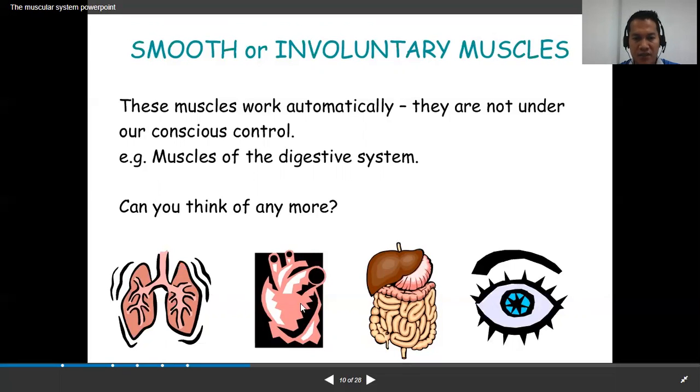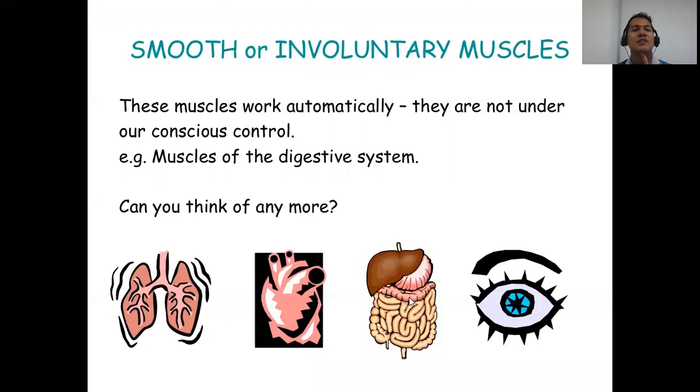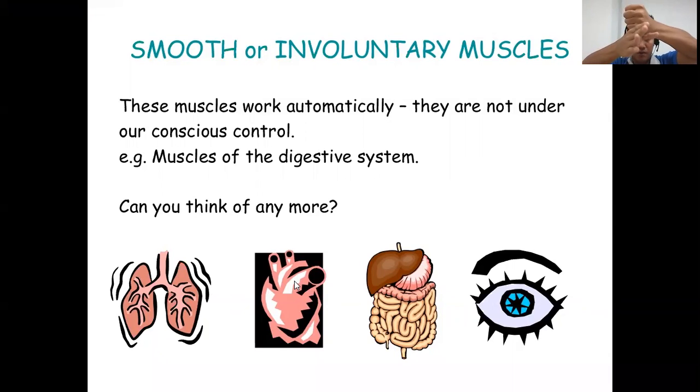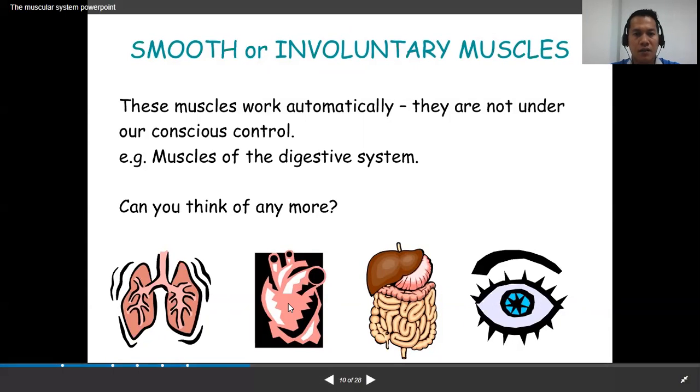the muscles of the digestive system here. As soon as you swallow the food into your mouth, going to your esophagus, contraction is happening, or simply we call it peristalsis, and they are all automatic control. The same as the contraction of the heart, which is also automatic.